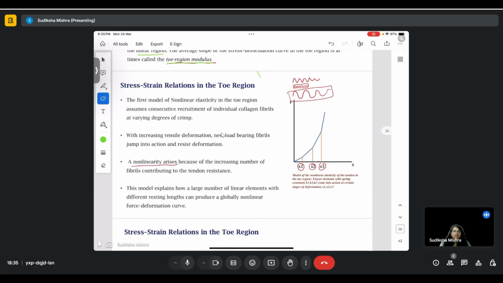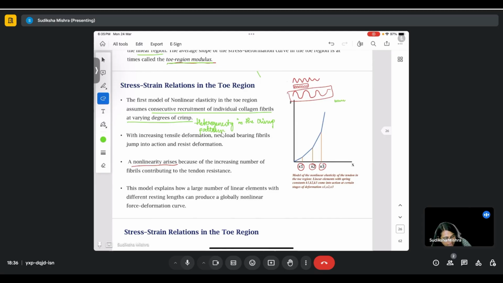Now, there are a couple of hypotheses that talk about why there is a non-linearity in the elasticity in the toe region. The first model assumes that the consecutive recruitment of initial collagen fibers, which have varying degrees of crimp. Essentially, there is a heterogeneity in the crimp pattern.